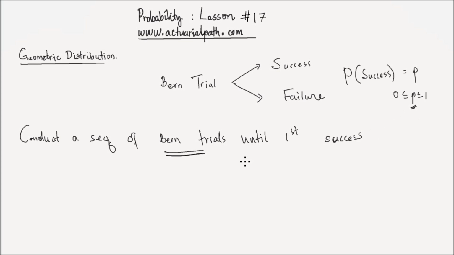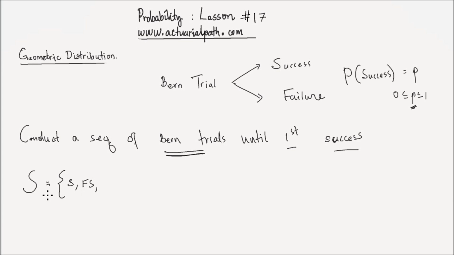Having said that, I can list, not a complete list, but a partial list of the sample space of this experiment. My experiment ends when I observe a success. So if I observe a success in the first trial, that's the end of the experiment, because I have observed my first success. So one of the elements in the sample space is a success on the first trial, or a failure on the first trial, followed by a success.